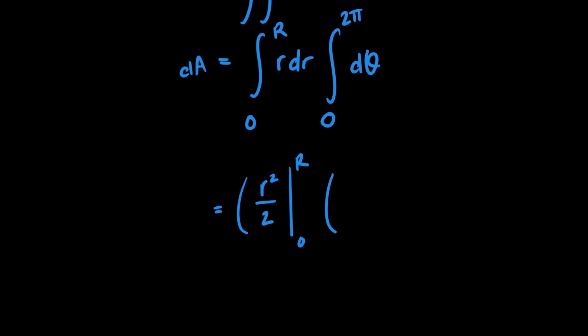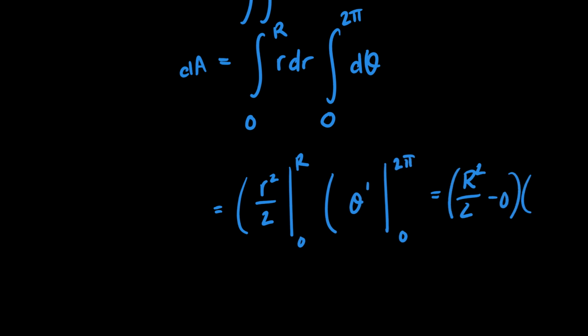Which means theta to the 0 power, which means theta to the 1 power divided by 1, evaluated from 0 to 2 pi. My first term is going to be r squared over 2 minus 0. My second term will be 2 pi minus 0.